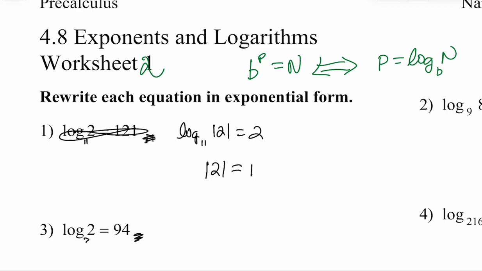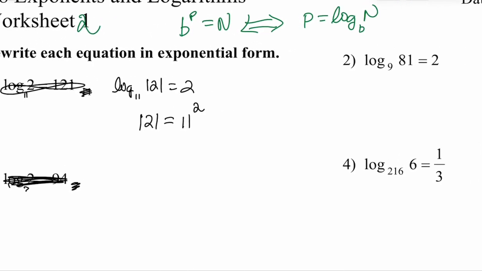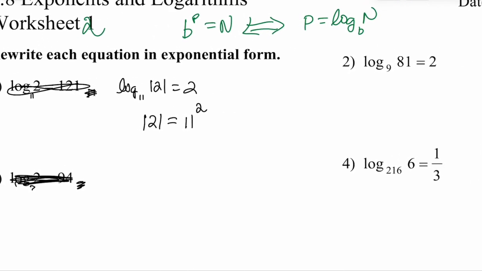The base of 11 goes to the other side, and the power is 2. So our base is 11. Our power goes up in the power spot. Our number is what 11 squared is equal to. So scratch 3 out completely because that makes no sense whatsoever. The rest I think are okay.